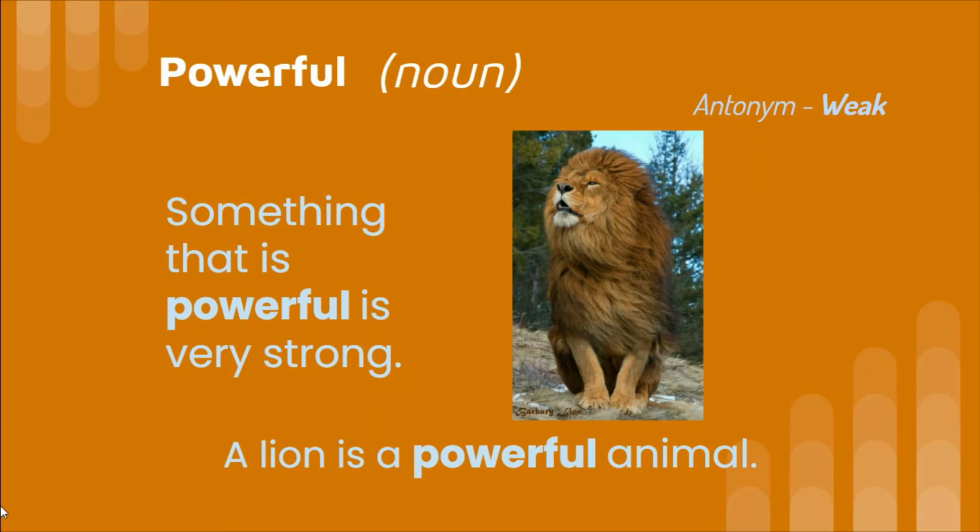Let's do it. Something that is powerful is very strong. Okay, so a lion is a powerful animal. Okay, let's read it one more time. A lion is a powerful animal. And an antonym or the opposite of powerful will be weak, right? Okay.